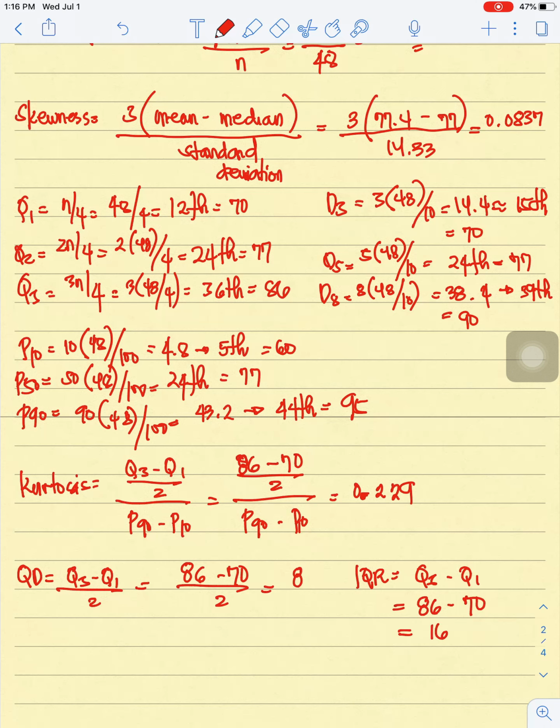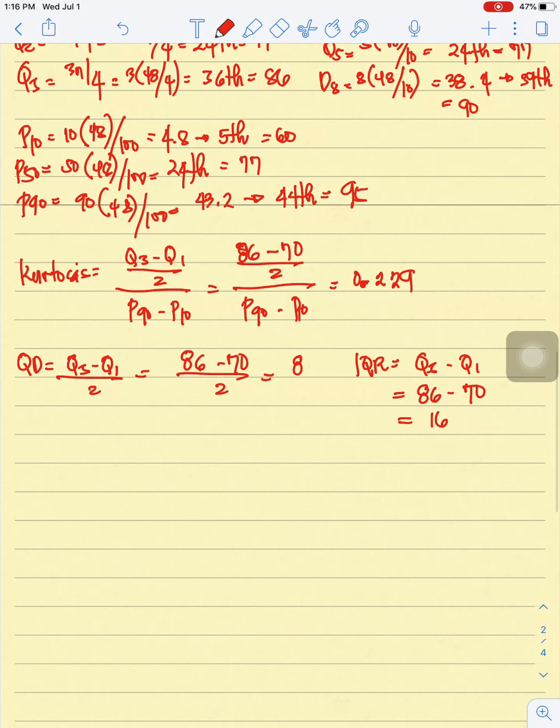Next, let us say I want to compute for the 75% of my data. Where does it fall? Using Chebyshev's theorem, for 75%, we have mu plus or minus 2 standard deviations.